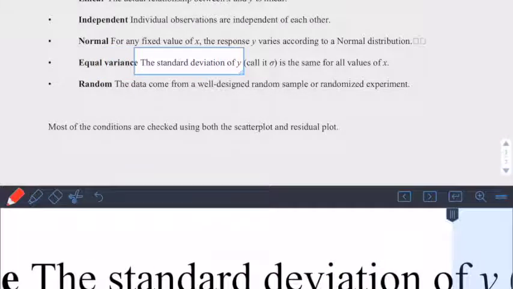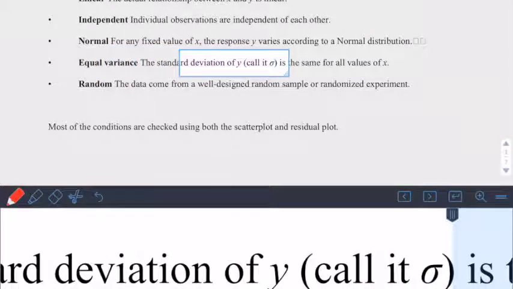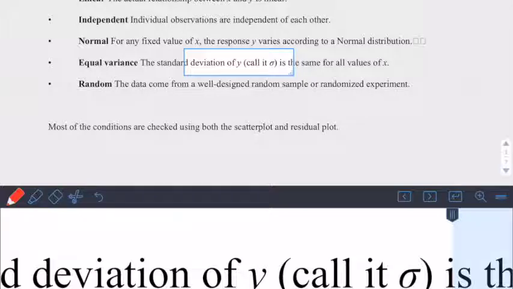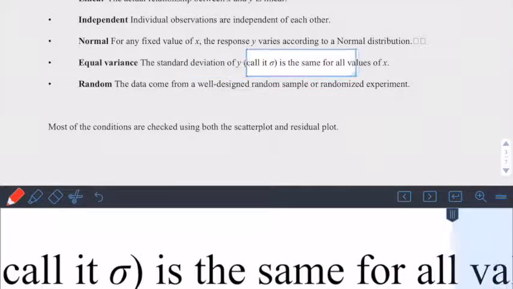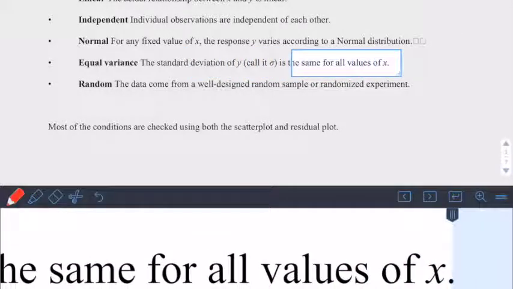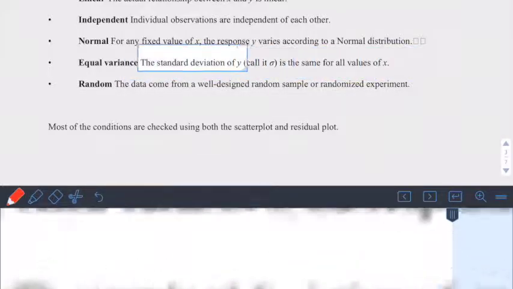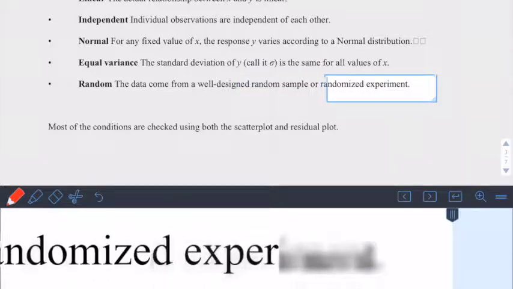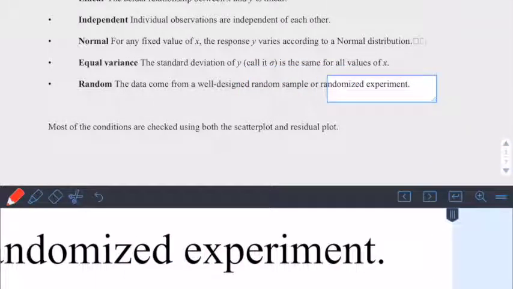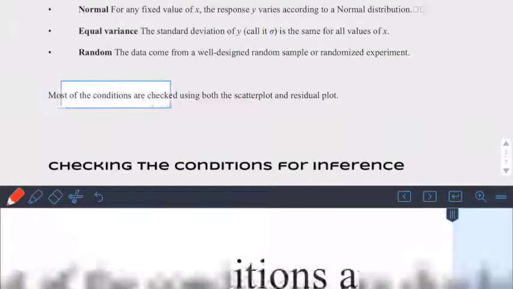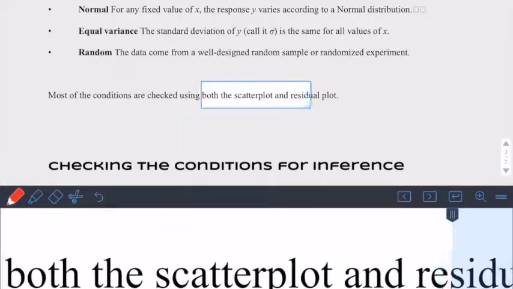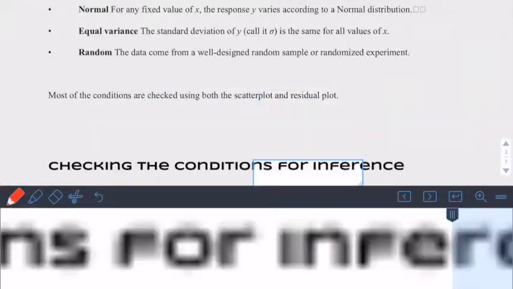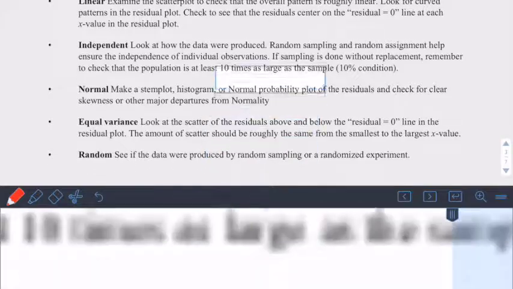I'll talk about that one. The standard deviation of y, call it sigma, is the same for all values of x. Okay, so the standard deviation needs to be the same. I'll show you what that looks like. And then random, we need to have a random sample or a randomized experiment. That's not new. Most of these conditions are checked using both the scatter plot and the residual plot. And I'll show you what that looks like in an example.